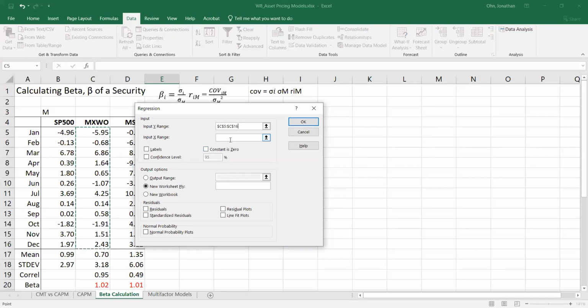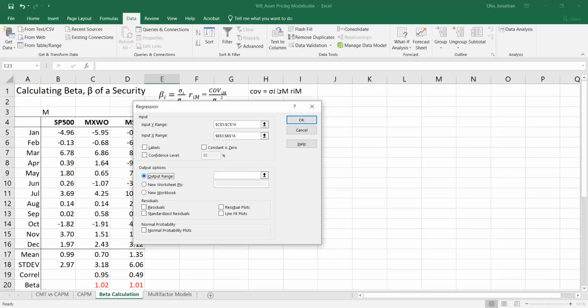The X range is the market portfolio, which is here. And for the output range, I like to see that on this screen, so probably J2 or H3, the cell, and then click OK.